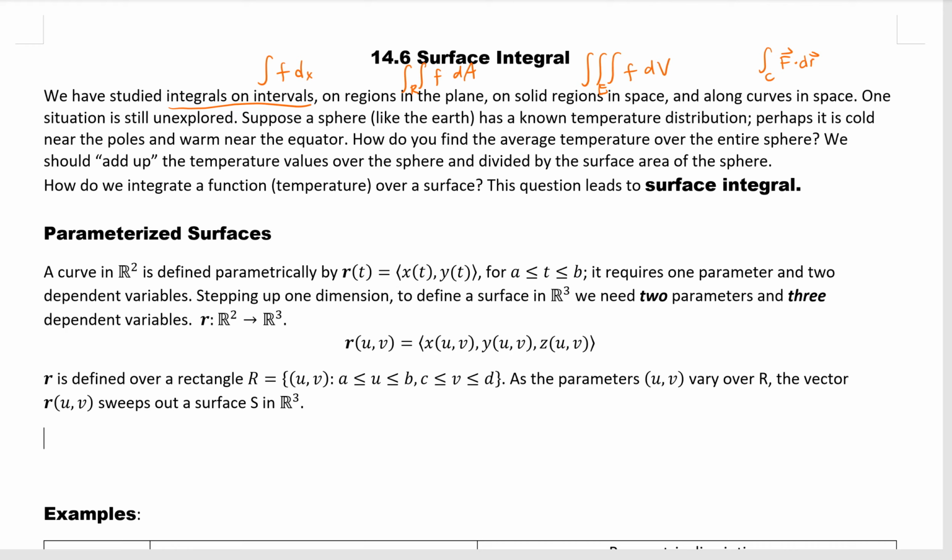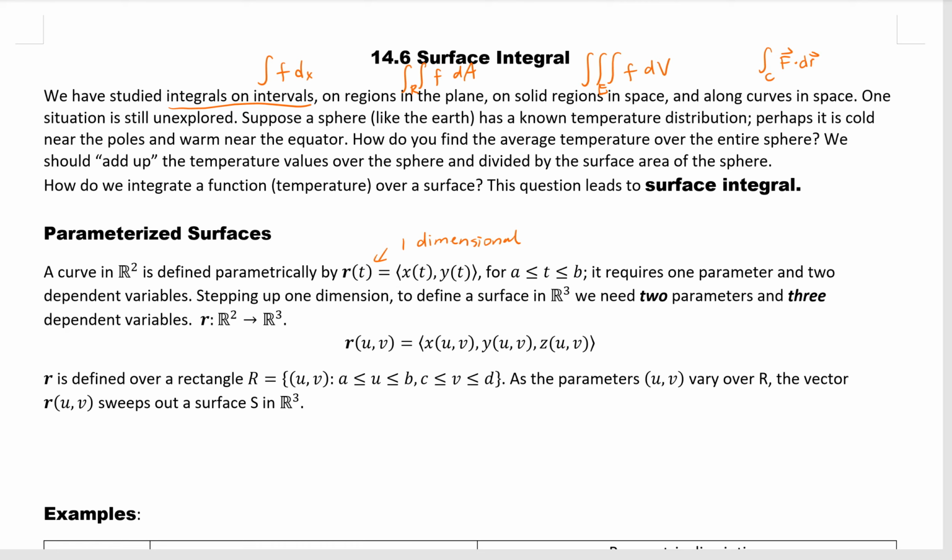A curve in R2 is defined parametrically by r of t equals x of t, y of t. So this is one-dimensional. It requires one parameter and two dependent variables.